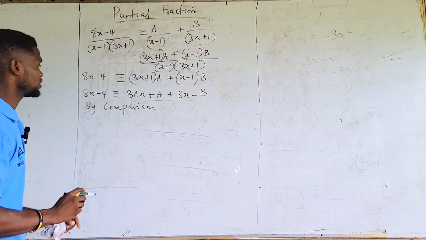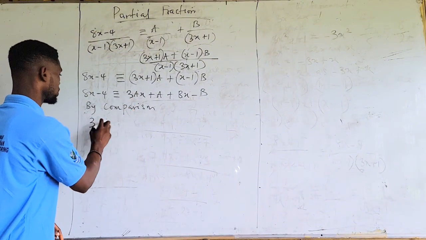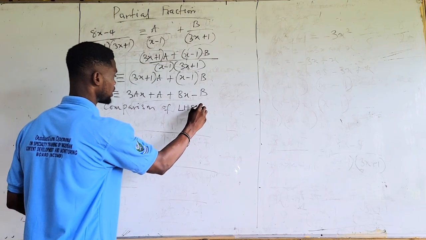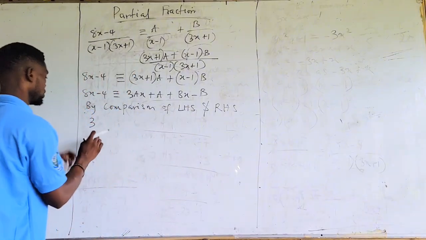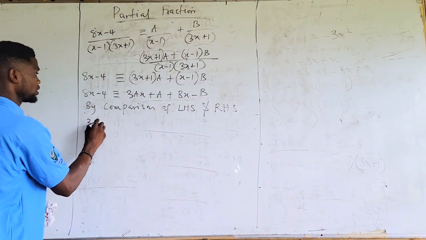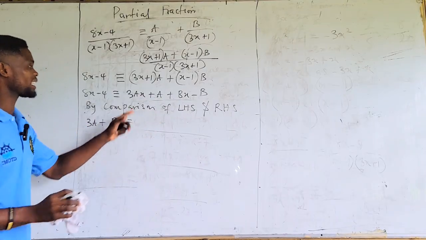By comparison, we have 3a, comparison of left hand side and right hand side. So we have 3a plus b, for that is for x.